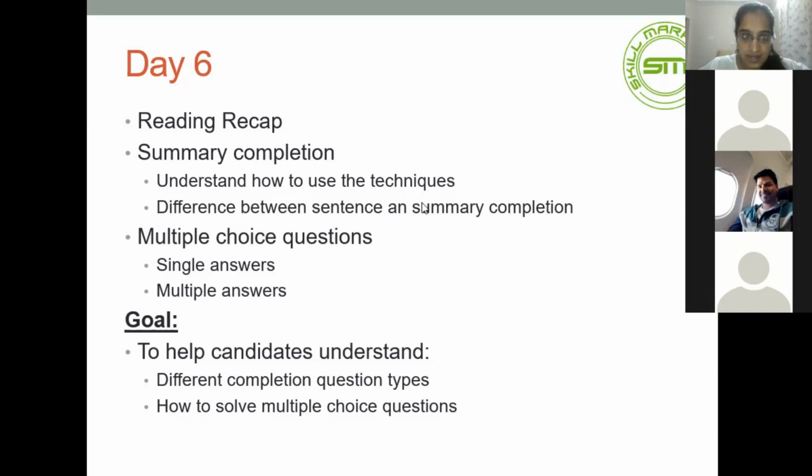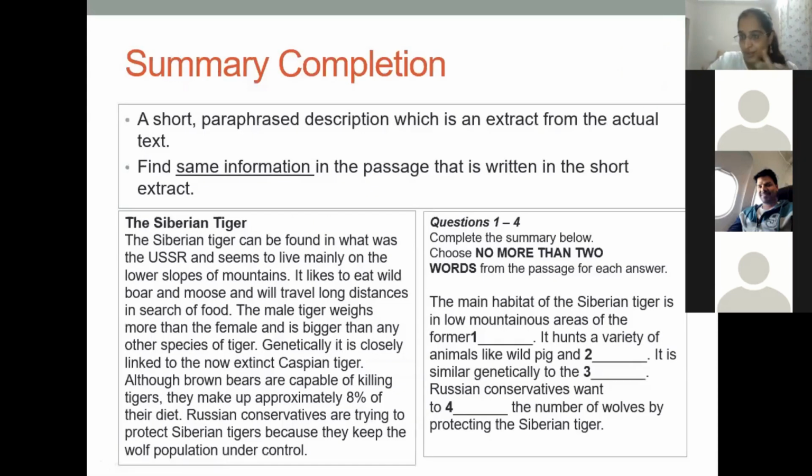Thank you. Now, what is summary completion? Summary completion is also fill in the blanks, but the format of the question is different. As usual, you have a reading comprehension passage, and instead of individual sentences, like we saw in sentence completion, here they pick up a small portion of the paragraph, summarize or paraphrase it, rewrite it, to make it very simple.